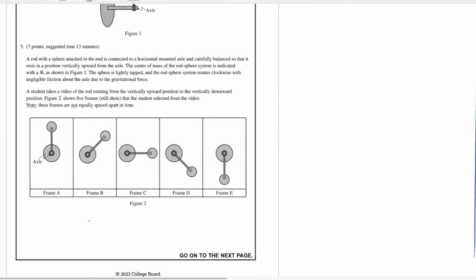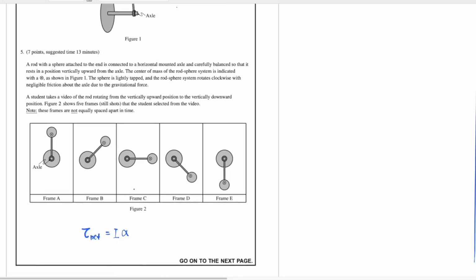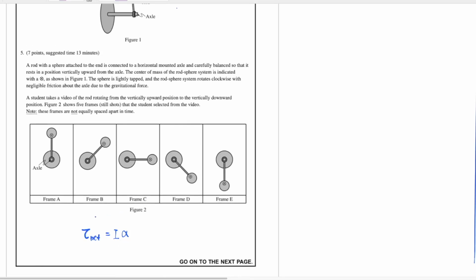From problem 4, we learned that also. So the net torque is I times angular acceleration. And for these frames, the I would be the same. No change in I. So for torque, which one has the greatest torque?